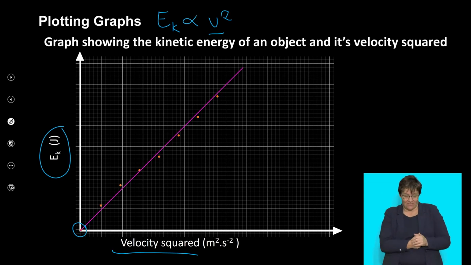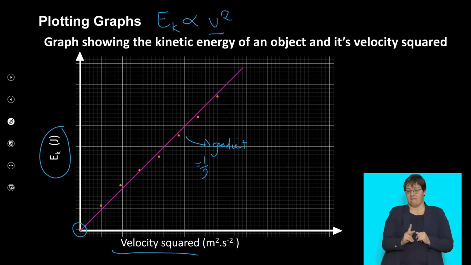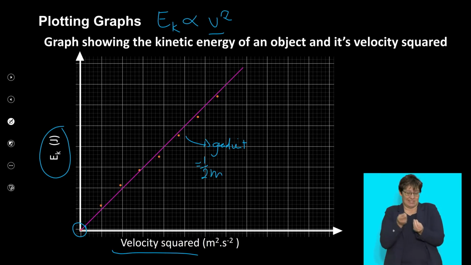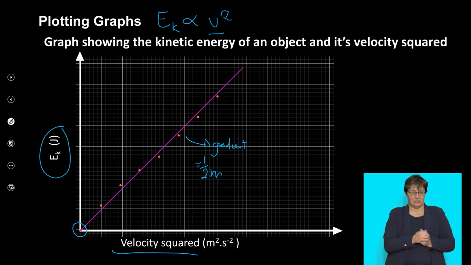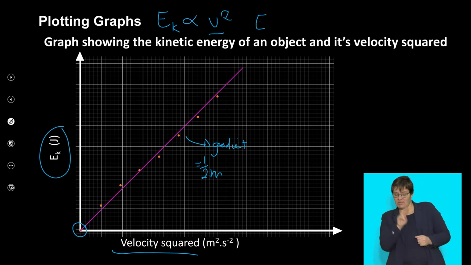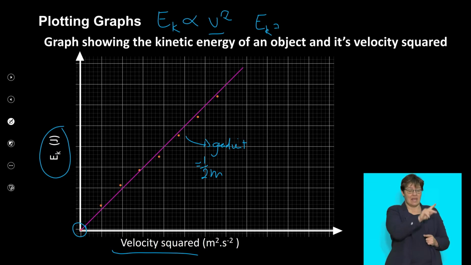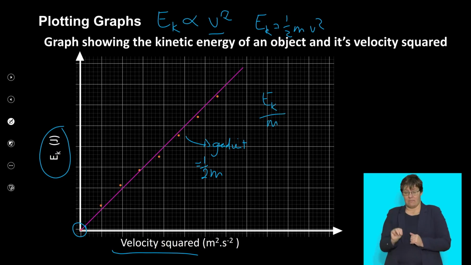And so what would the gradient be here? This gradient is going to be equal to half the mass of the object. How did we get that? Well, we saw originally the equation is EK equals half m v squared. So if we look at EK over v squared, you're left with half m on that side.